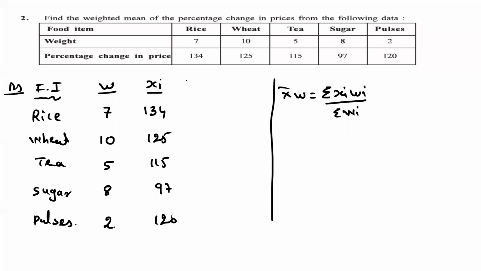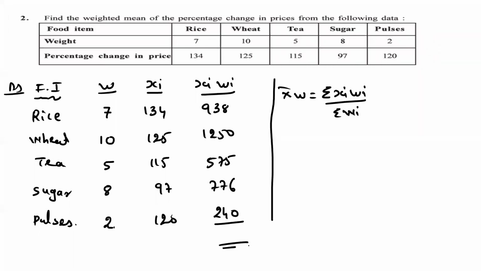The new column will be xi wi, the multiplication of these two values: 938, 1250, 575, 776, 240.